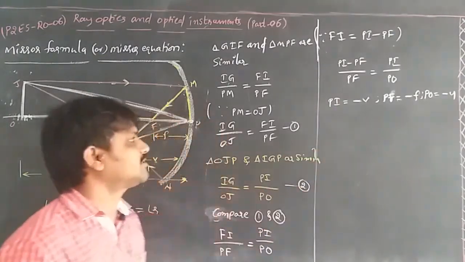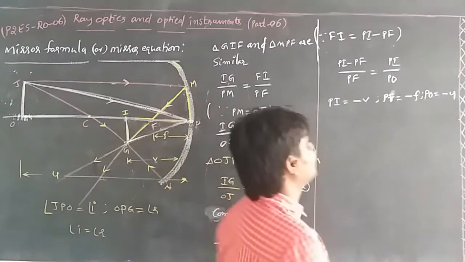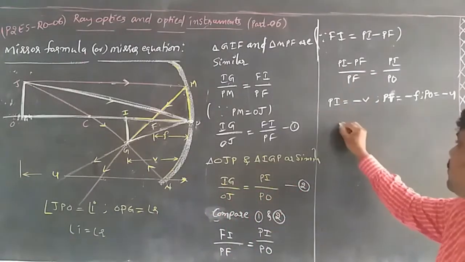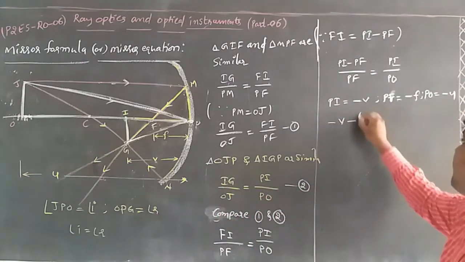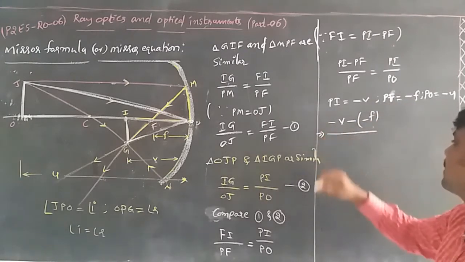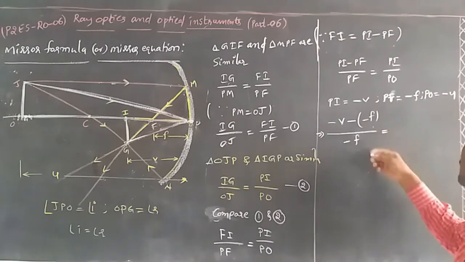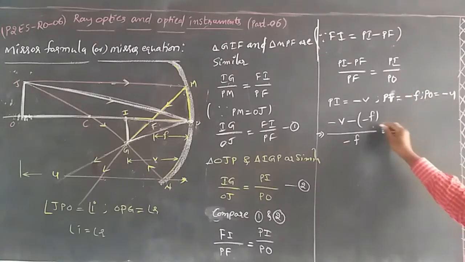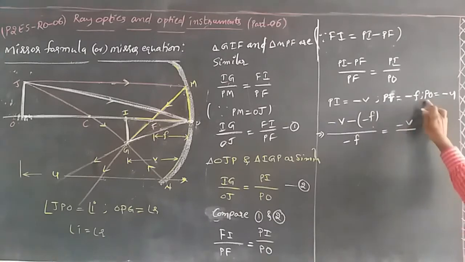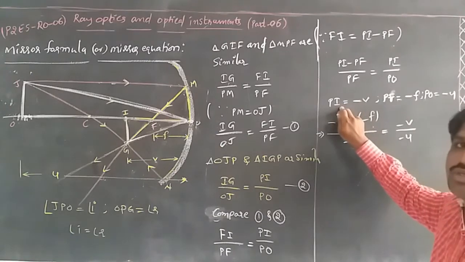From the values Pi is equal to minus v, Pf is equal to minus f, and Po is equal to minus u, we are substituting in the equation. Then we get minus v minus of minus f, the focal length, by minus f, is equal to minus v by minus u, the distances from the object to the pole, the pole to the focus, and the pole to the image.